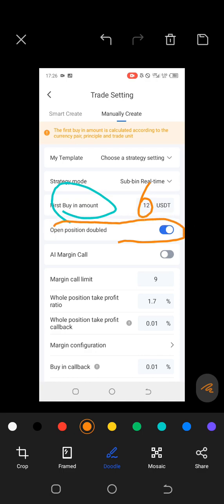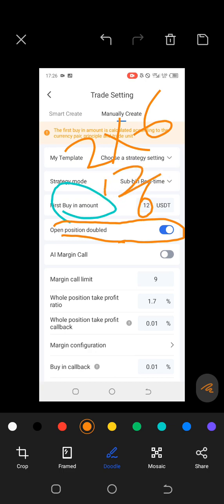When Royal Q executes my first buy order, it is going to buy times 2, so 2 times $6. So you will see that it will pick $12 instead of the $6 that I put here. So that's what the open position double is.